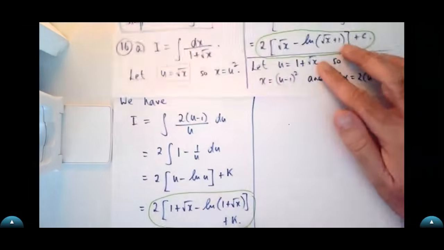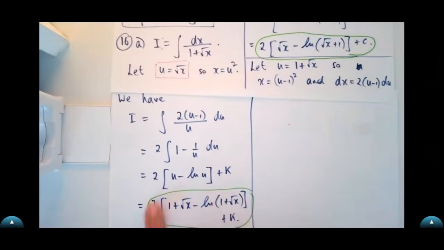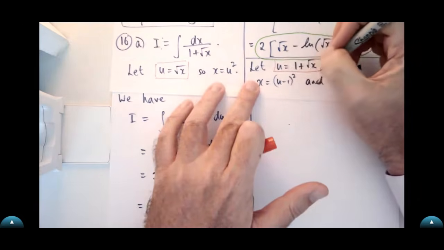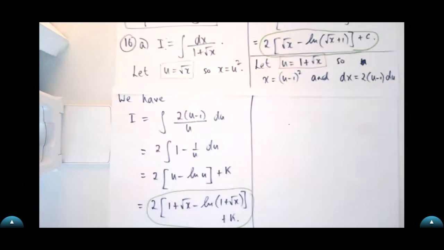If you use this one, you get a slightly different looking answer, but it's equivalent because it's just out by a constant. So you don't need to worry about those things. Whether you choose this form or this form for your substitution, the two answers are still correct and they're consistent with each other.